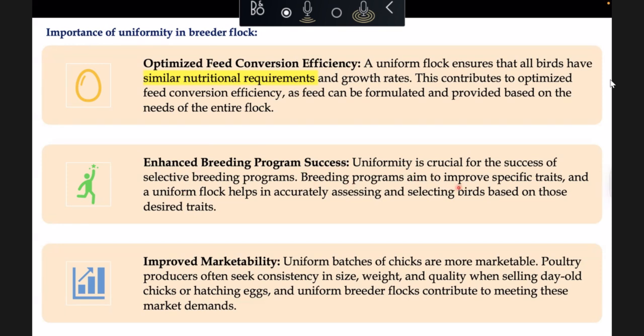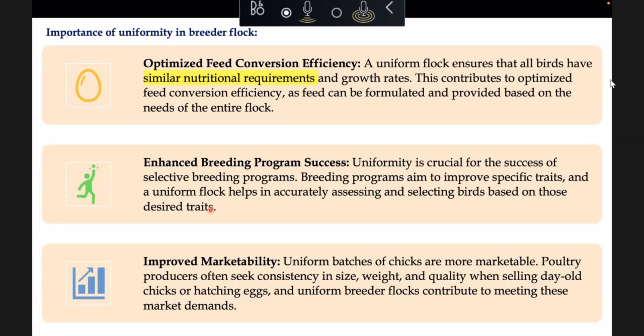Breeding programs aim to improve specific traits, and a uniform flock helps in accurately assessing and selecting birds based on those desired traits. এখানে যেটা বলা হয়েছে যে if we are doing a breeding program for the parent stock, অথবা আমরা যাদেরকে ব্রিডার স্টক বলছি, সেখানে যদি অ্যাকচুয়ালি প্যারেন্ট স্টক থেকে ব্রিডিং প্রোগ্রাম করা হয় না, ফ্রম গ্র্যান্ড প্যারেন্ট স্টক, হ্যাঁ, GPP, yeah.